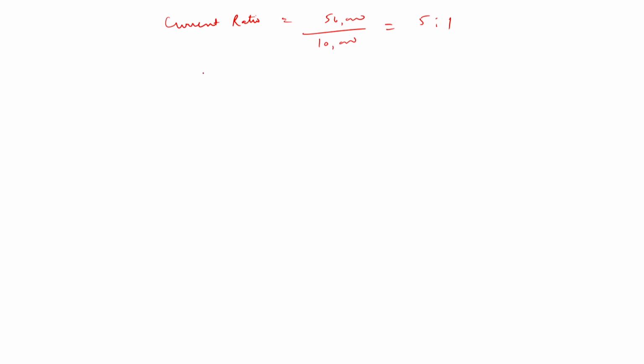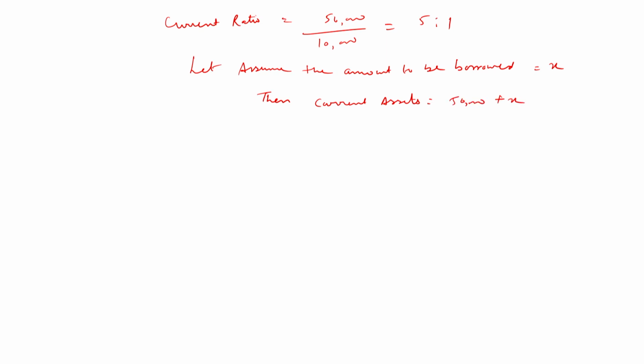So what we will do is assume the amount to be borrowed, say X. If we borrow X from the market, then our current assets after borrowing will become 50,000 plus the amount borrowed, because it adds up to our cash.